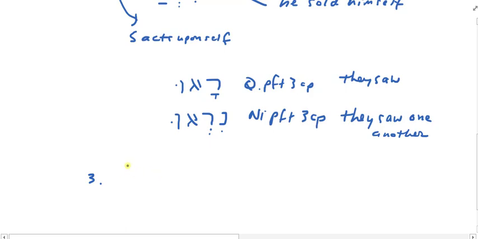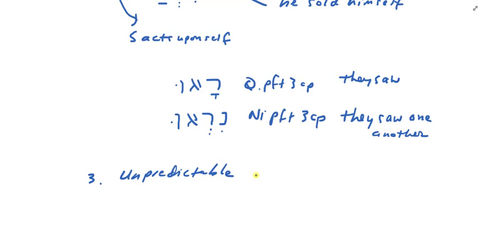And the third catch-all category is basically unpredictable. All right? That is to say, you could have a meaning of a verb in the Niphal where the meaning doesn't have any clear passive, reflexive, or reciprocal meaning. It just happens to have a particular meaning in the Niphal.